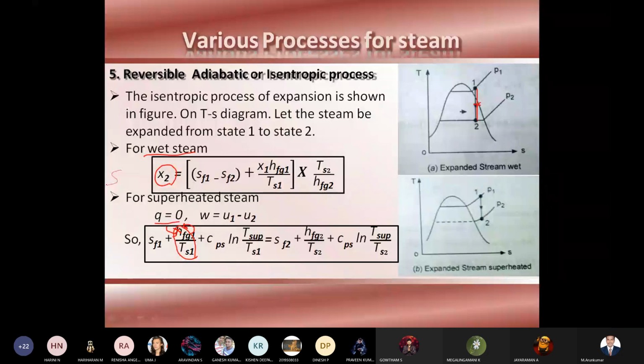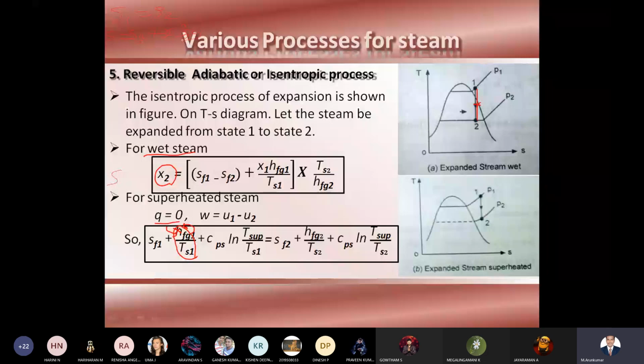Yes. So you know, S1 equal to S2. That S can be written as S is equal to SF plus X into SFG, right?